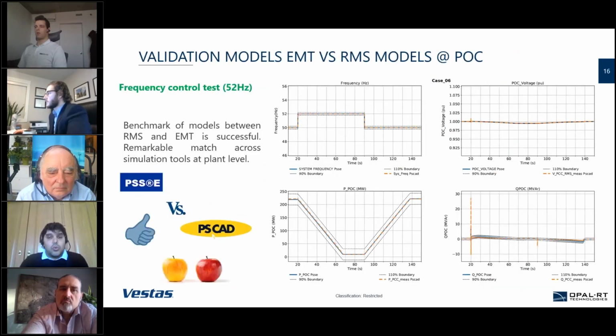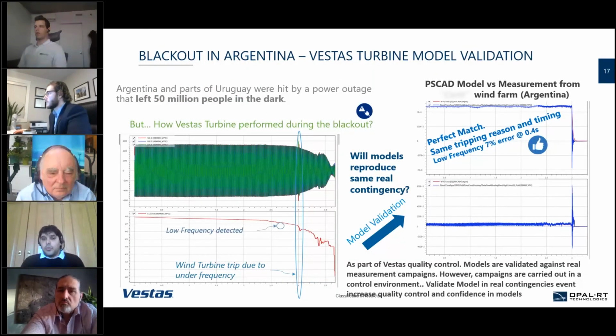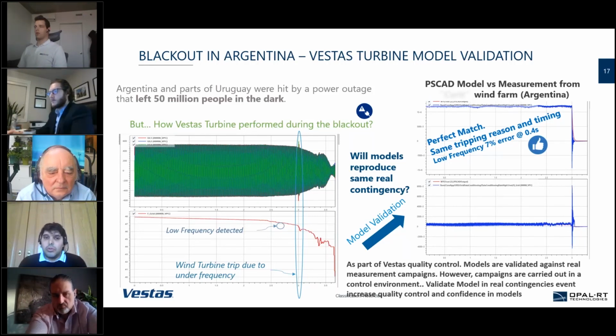But finally, also something we do to make sure our models accurately represent the product is the site measurement campaign tests and all that. When there are big contingencies in the grid, like the one that happened a couple of years ago in Argentina, we extract the instantaneous data and feed that data into our model to make sure that the models also behave in the same way they did in the field under real conditions.